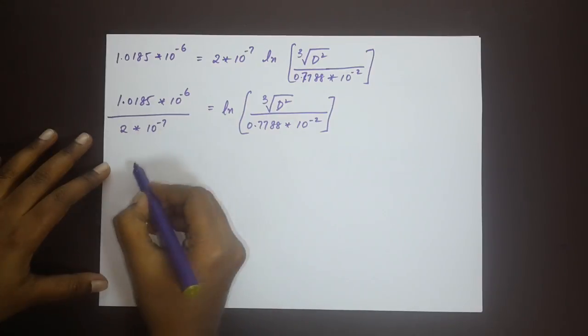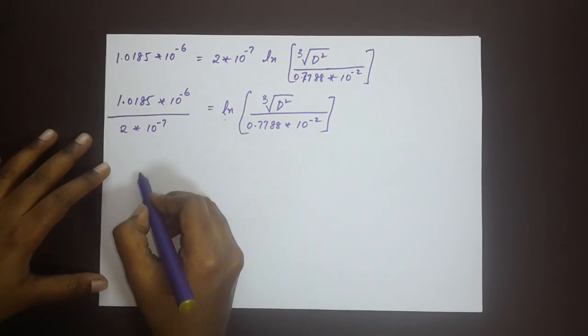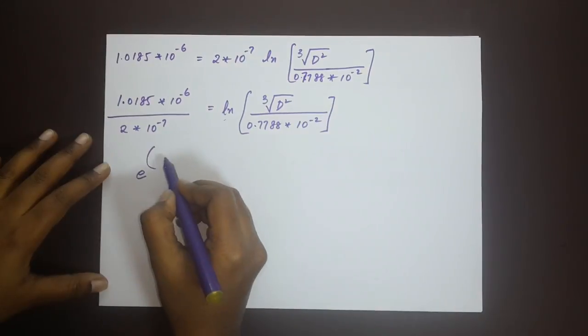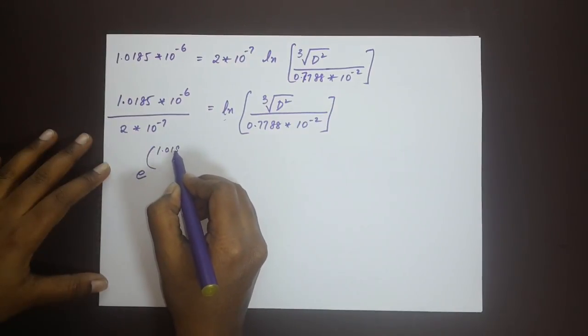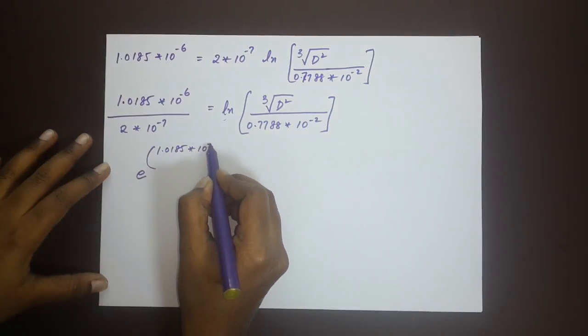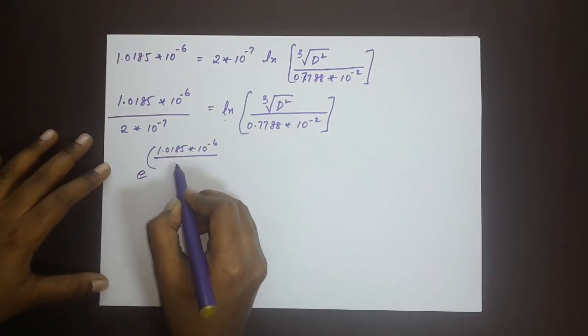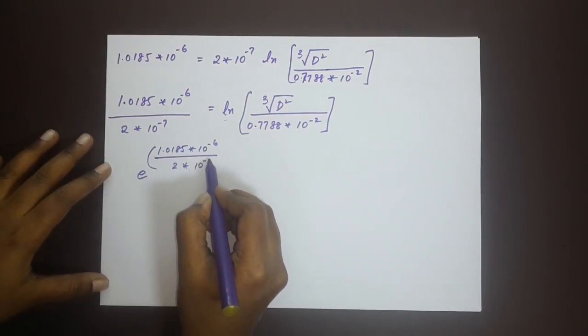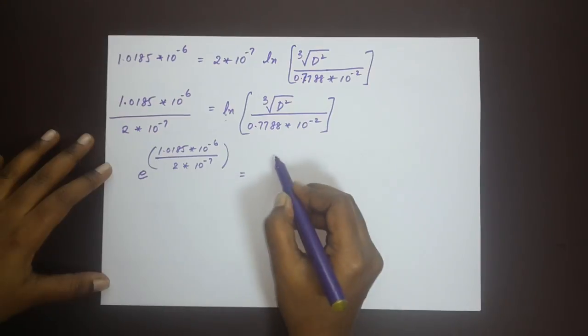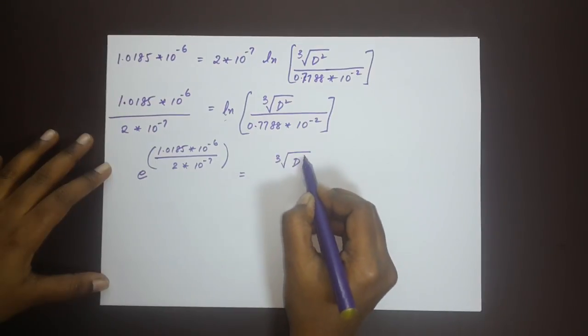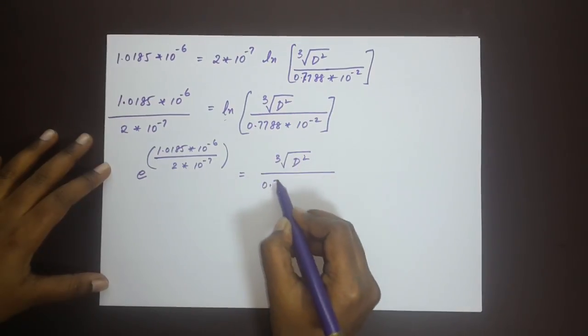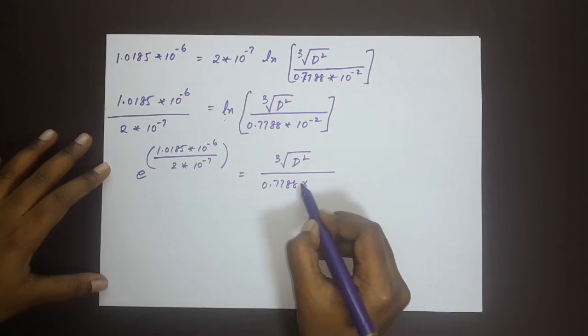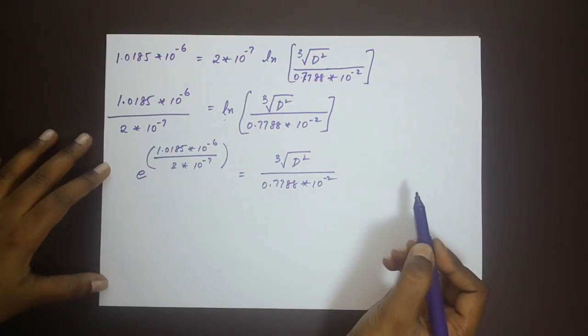Now in order to eliminate the ln term, it would become e power 1.0185 into 10 power minus 6 divided by 2 into 10 power minus 7 is equal to d square divided by 0.7788 into 10 power minus 2.